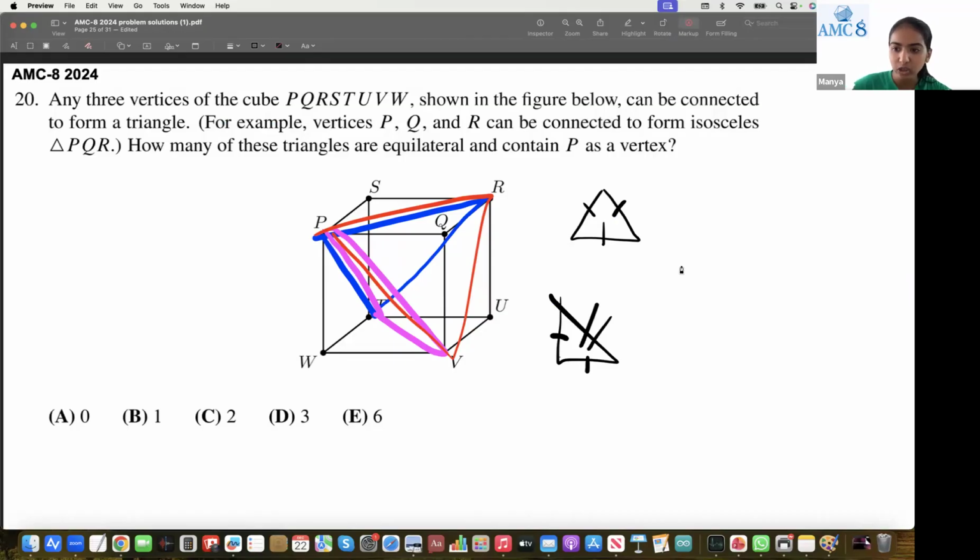And a scalene triangle has all of the side lengths different, something like this. Okay. So our final answer is 3, because there are 3 different ways to get equilateral triangles that contain P as a vertex, like a corner.